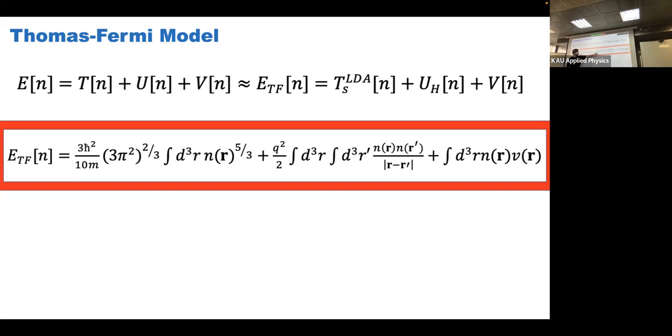Then I have substituted the Hartree formula, Q squared. It means it's just Coulomb interaction. And I have substituted this external potential, which interacts with the electron density. So this is the energy of the system by the Thomas-Fermi model.